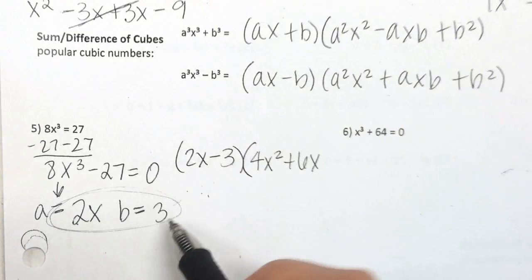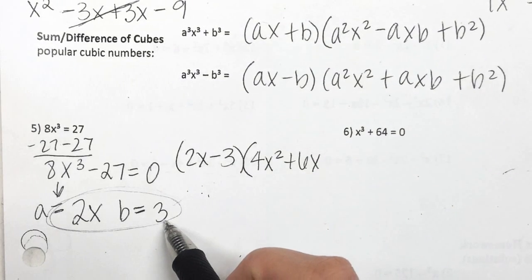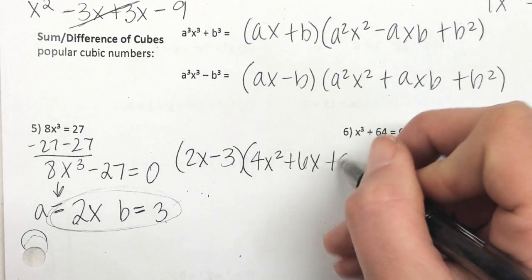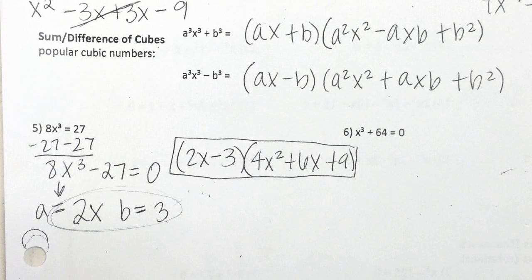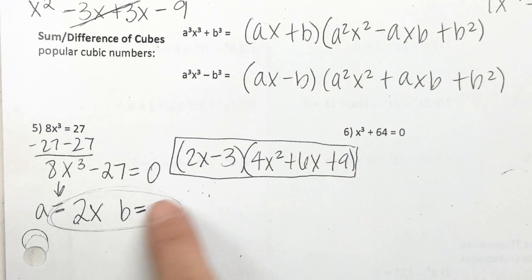And then the last one's B squared, so B squared would be what? 9. That's it. So the hardest part is just finding out A and B. The rest of it's just plugging it in the formula. That's all. Any questions about this part?